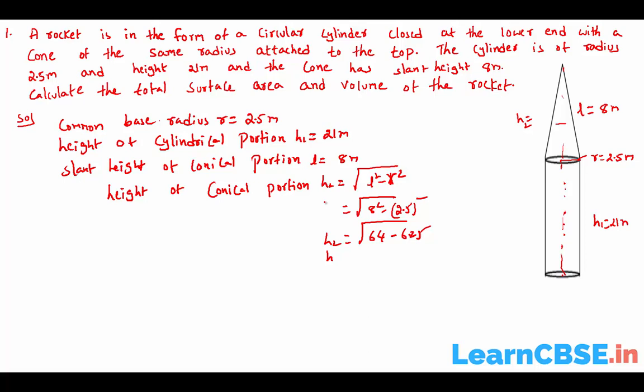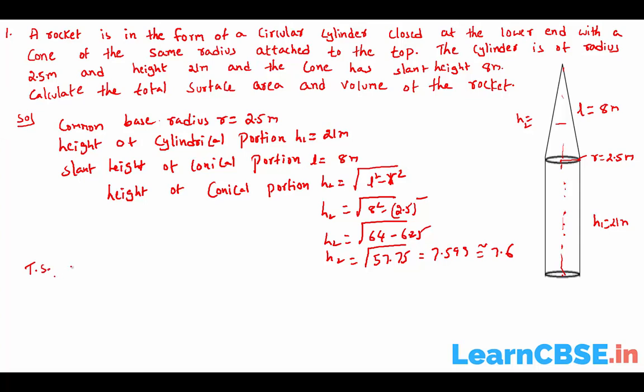It means h2 equals under root of 57.75. That means 7.599, approximately equal to 7.6.